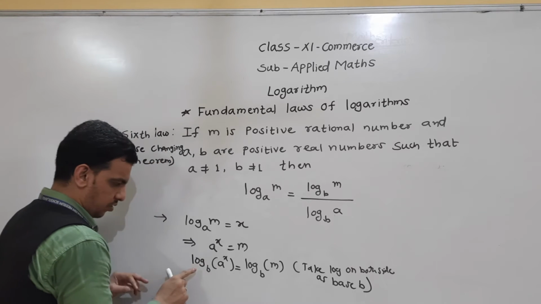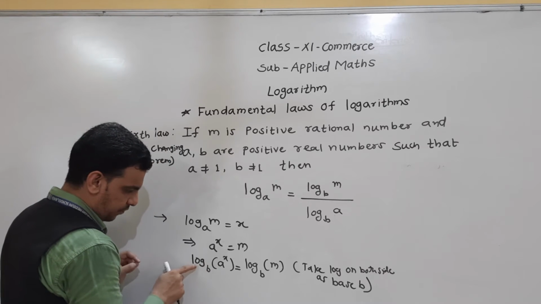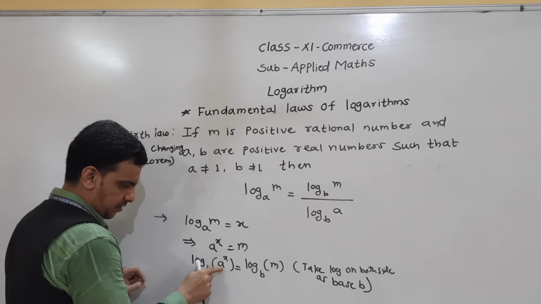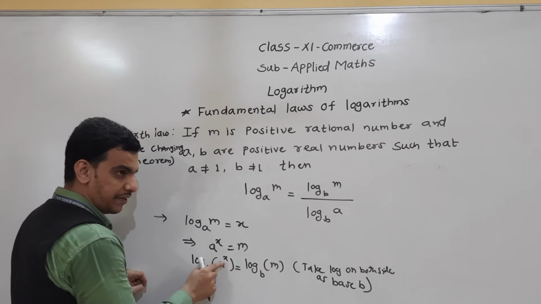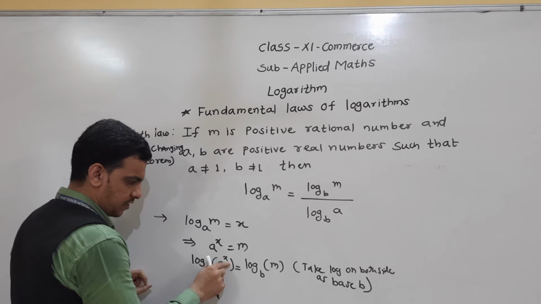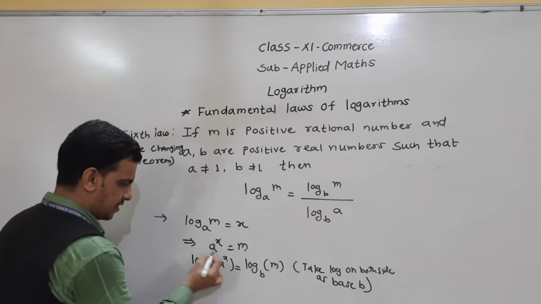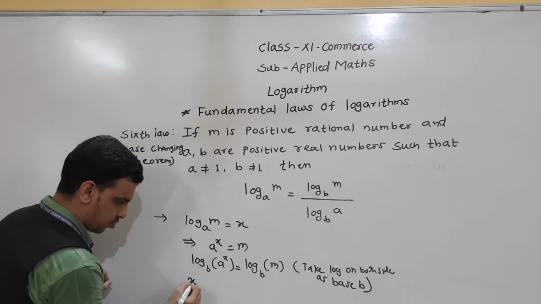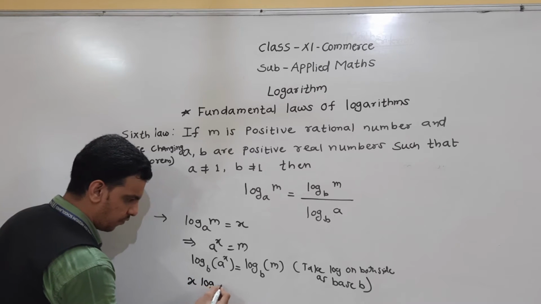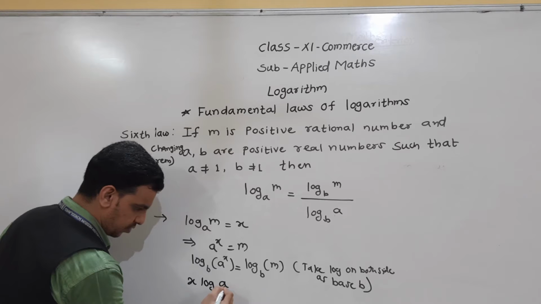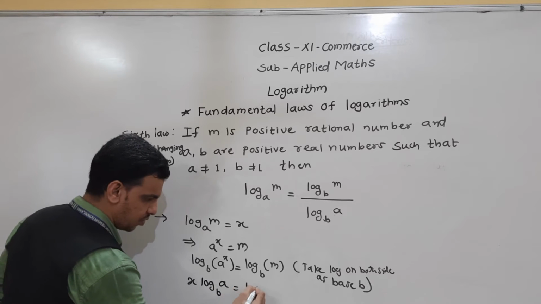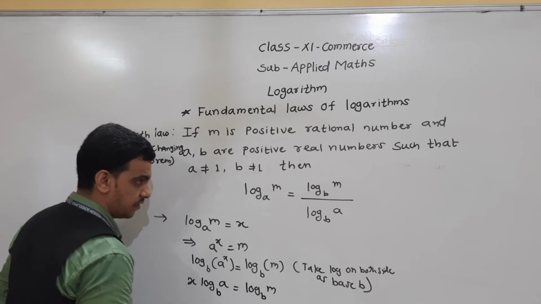Now if log of a raised to x is there, if an argument raised to a power is there, then this power becomes a coefficient. So x becomes the coefficient: x into log of a to the base b is equal to log m to the base b.